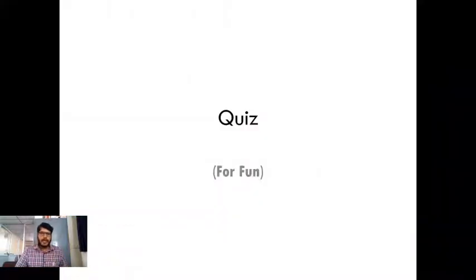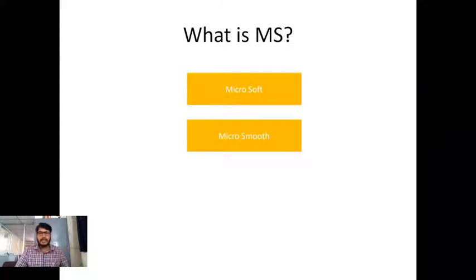When I click OK, the slideshow starts, as well as it will start the recording of my narration. You can observe here, this is the title slide. When I click, it will move to the next slide. And then in the next slide, we have a question, like, what is MS?